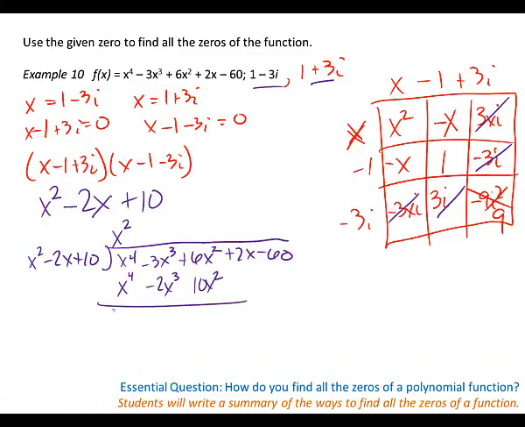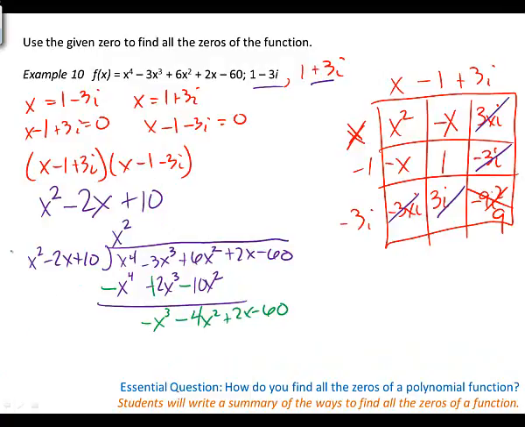Change them. So negative, positive, negative. The fourths are gone. Negative 3x cubed and positive 2x cubed. Negative x cubed. It's 6x squared, negative 10x squared. Good. And I'm going to drop down 2x and negative 60 so I don't lose them.